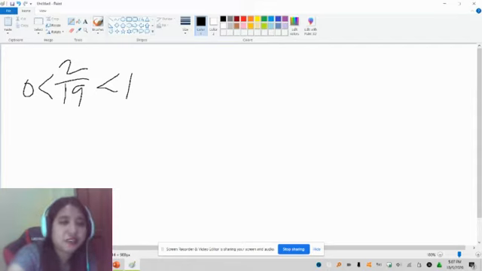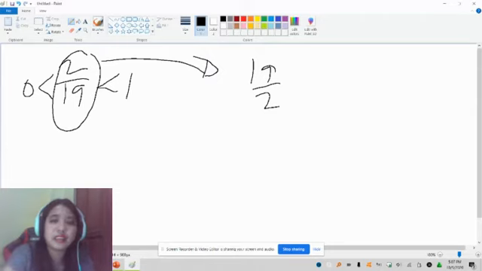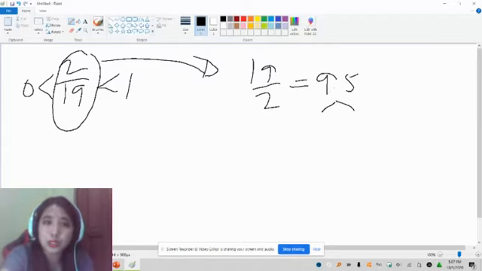Next, for step 2, we need to get the reciprocal, 19 over 2, and divide it so that we can come up with the numbers that are less than 19 over 2 and greater than 19 over 2 using the computed value. 19 divided by 2 is 9.5, which means we round down and round up to the nearest integer.